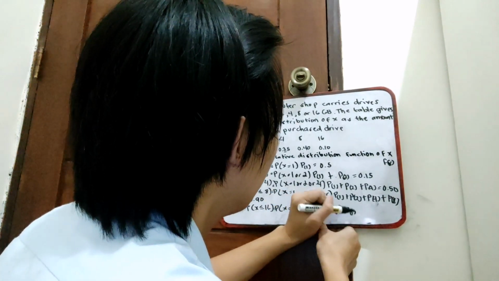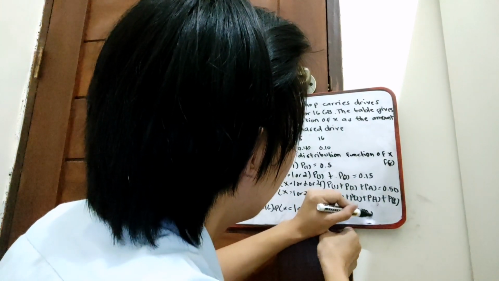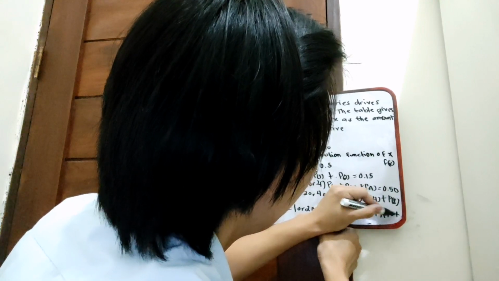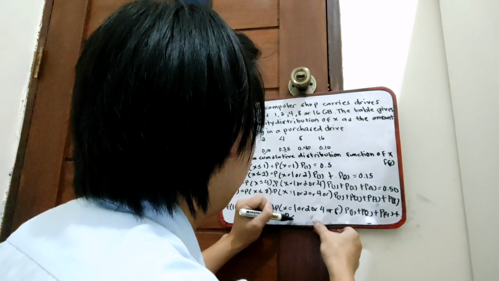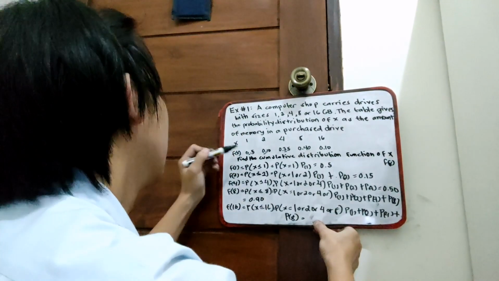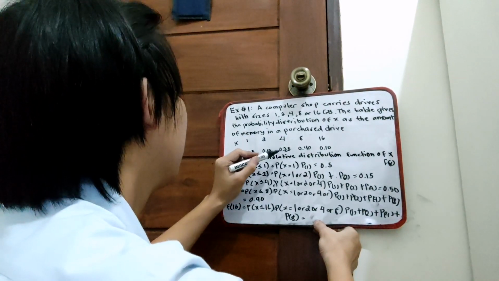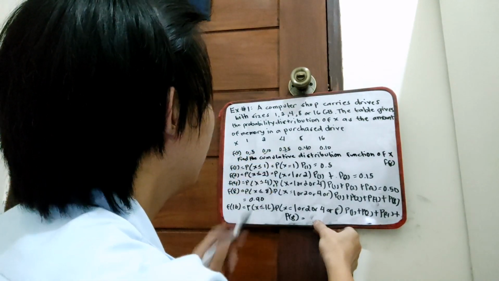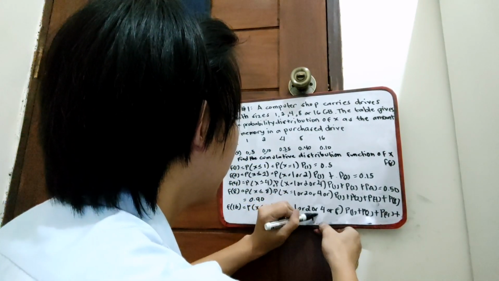P of 1 plus P of 2 plus P of 4 plus P of 8 plus P of 16 is equal to 0.5 plus 0.10 plus 0.35 plus 0.40 plus 0.10 is equal to 1.